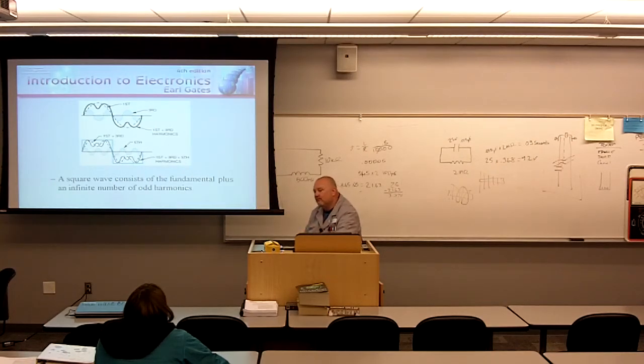Yes? So oscilloscope, how many harmonics does it usually add together to get that signal? You said it's infinite, so it's got to cut off somewhere, right? Right, and to be honest with you, the quality of a frequency generator is going to be based on how clean of an output you actually get.